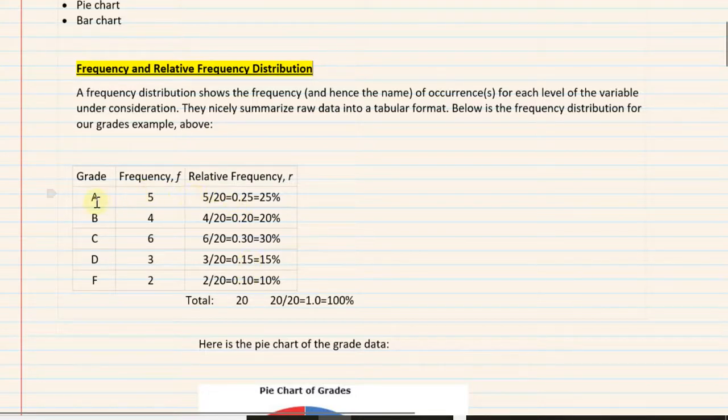So for example, let's say this is my statistics class and a student is about to take a statistics course, and it makes sense that they may be concerned, well, what do I expect to get in your class if I'm an average student? If I told the students, well, 3 out of 20 of my students get D in the class, or 4 out of 20 get B, typically we don't talk in terms of absolute numbers.